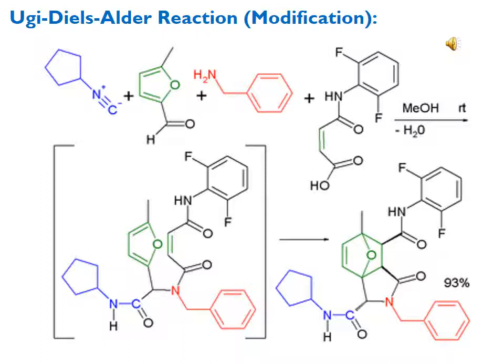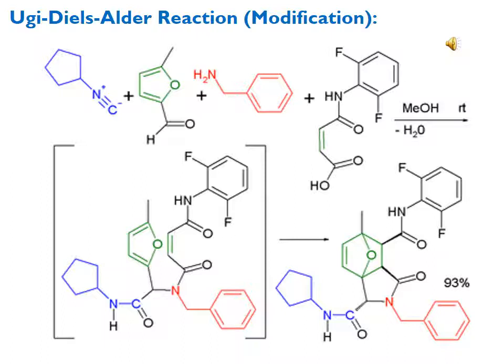The first step is the basic Ugi reaction, in which isocyanide, aldehyde, amine and carboxylic acid, all 4 moieties, interact with each other and form the basic Ugi reaction product.